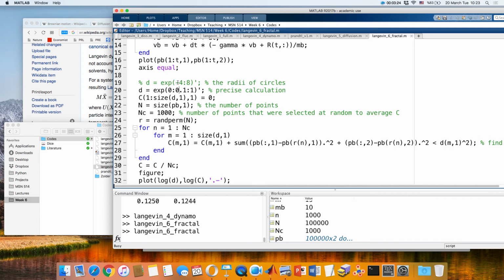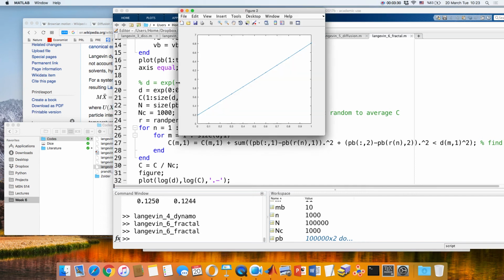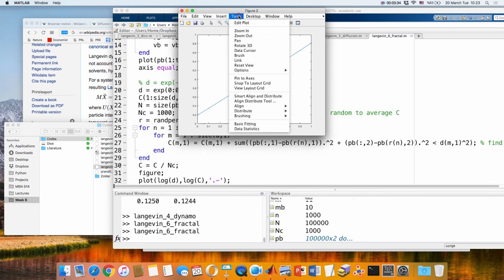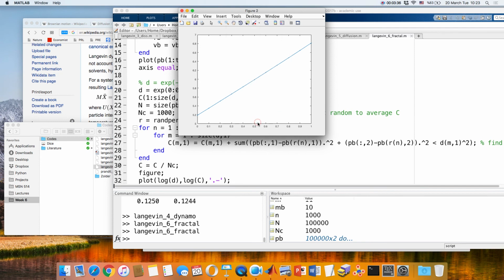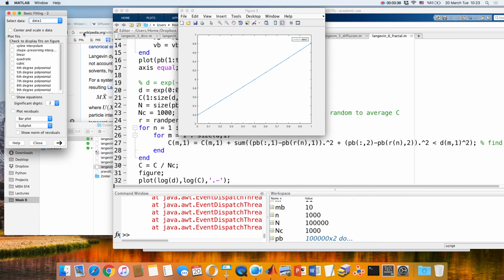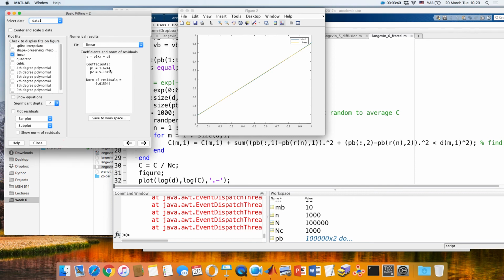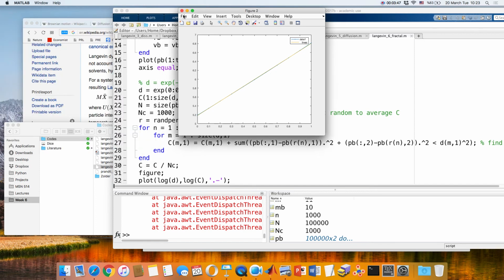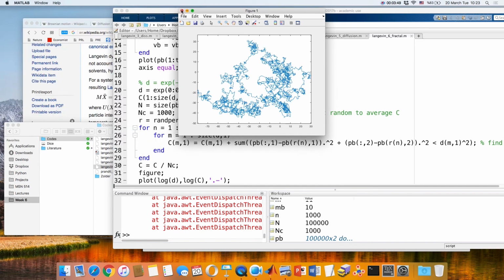And sometimes it turns out to be around 1.5, sometimes not. But if you do it enough times, at the end of the day, it's a random thing. So let's do the linear plot. Yes, 1.62. But this is random.